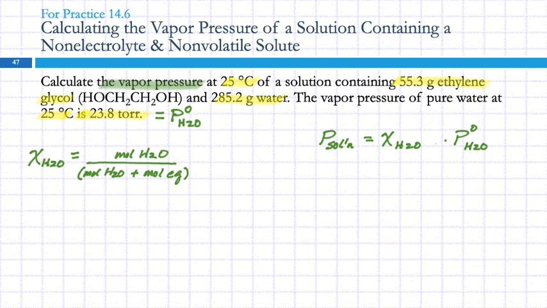So there's the big idea of what we're doing, but then we have to do some little stuff to get to that point, right? We need the moles of water, but we were given grams. So 285.2 grams of water. Well, we can convert that to moles of water.